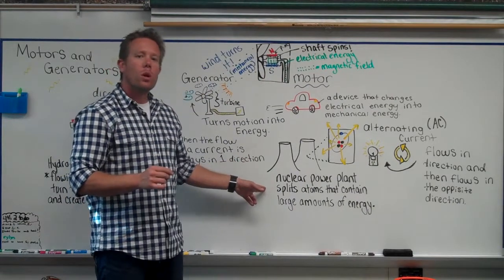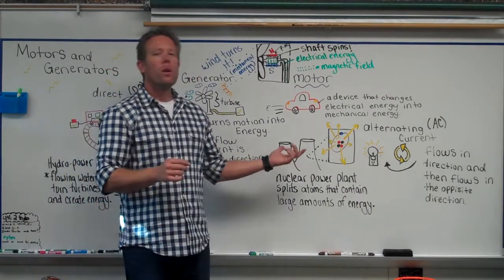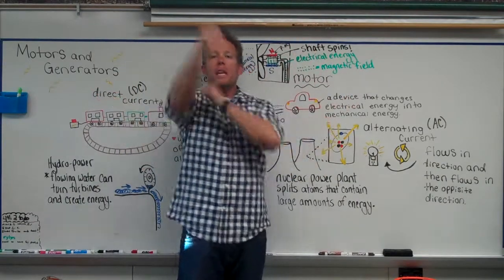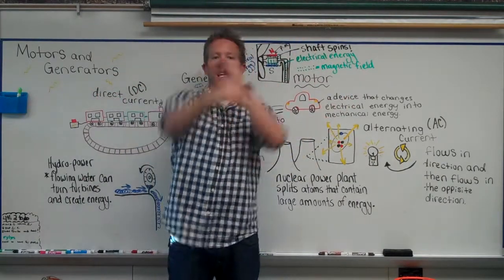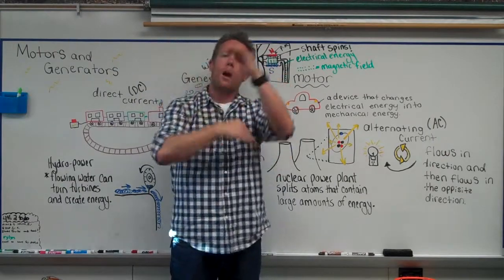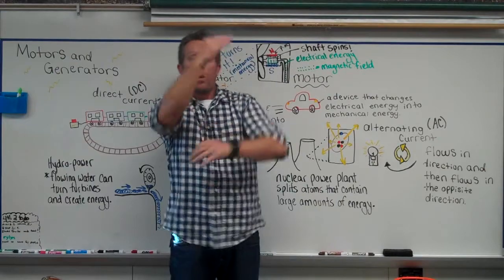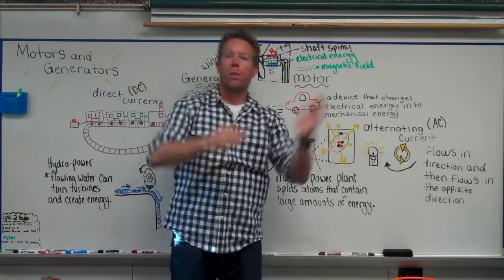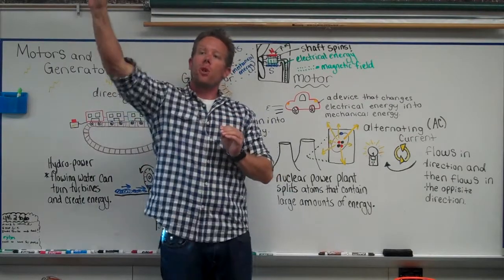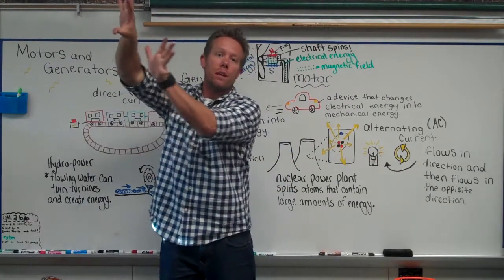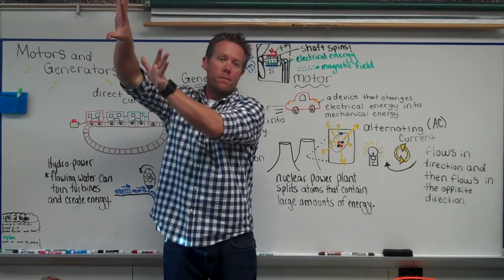You also have a nuclear power plant. A nuclear power plant actually has the ability to split an atom. Now, the electrons in an atom are moving like this, and they're going around the nucleus. When you split an atom, electrons are going to go flying all over the place. When those electrons go flying all over the place, that is energy. That is motion. Okay?